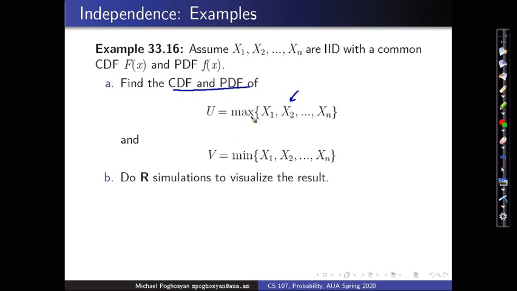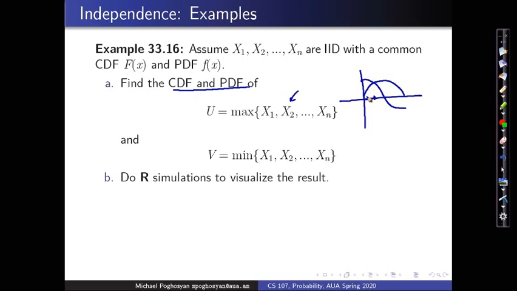Well, when you are calculating the maximum, let me give an example not with random things, but with just ordinary functions. If I take the sine function and the cosine function over 0 to pi, then for some values of x, cosine will be the maximum.